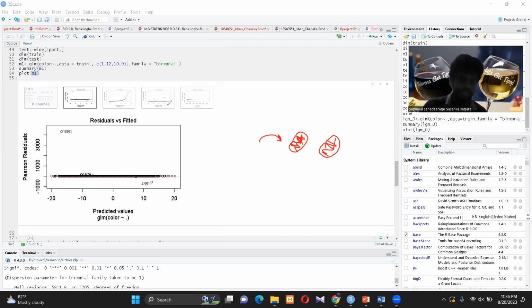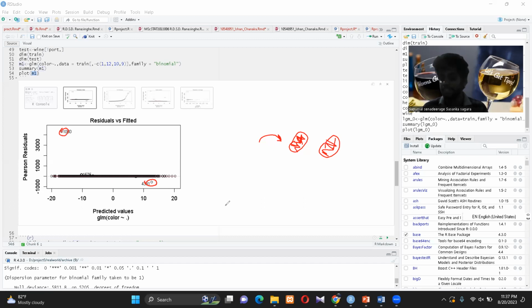You can see in this plot there are a couple of outliers. These are not tallying with the prediction, right? These couple of points are not tallying with the prediction. That's why there is a deviation.